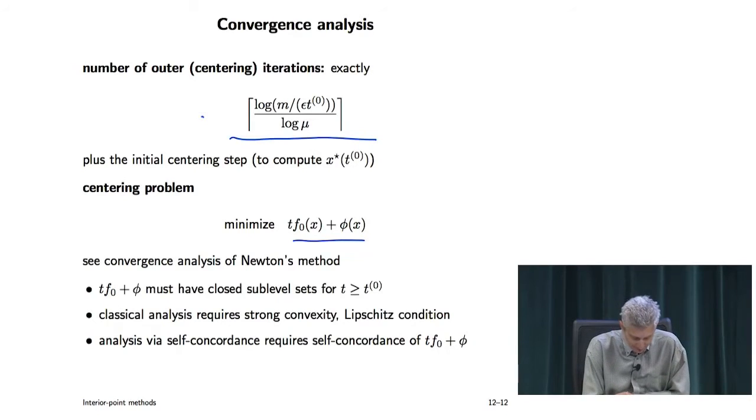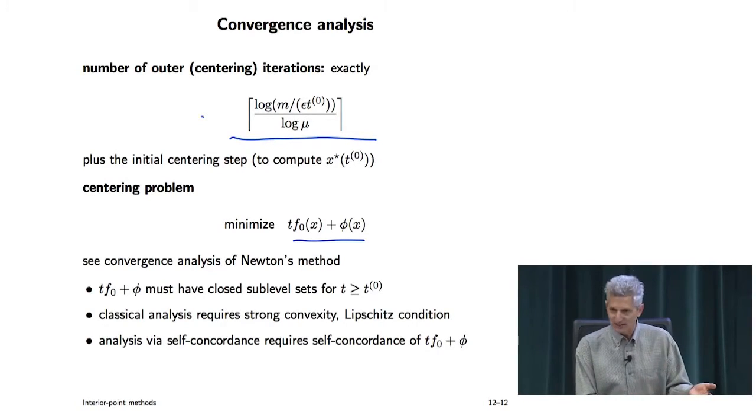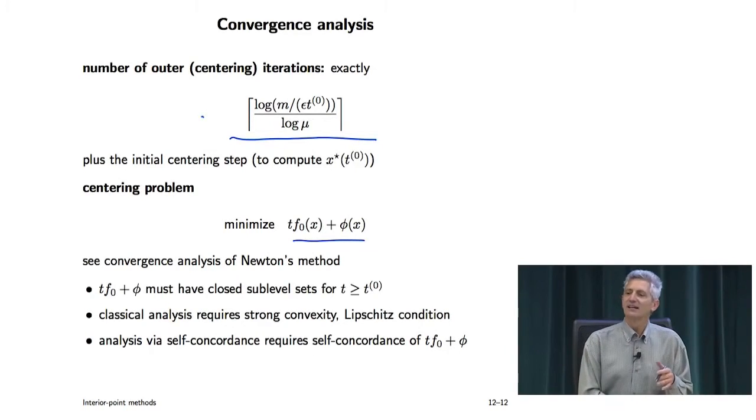Now, if you use the classical analysis, something bad happens. If you go back to the classical Kantorovich analysis of Newton's method, you will find that these problems are getting harder. Well, they wouldn't assert that, because they understood well that they were simply producing an upper bound on the number of steps, which is valid. The correct way to say it is that the complexity upper bound is growing.